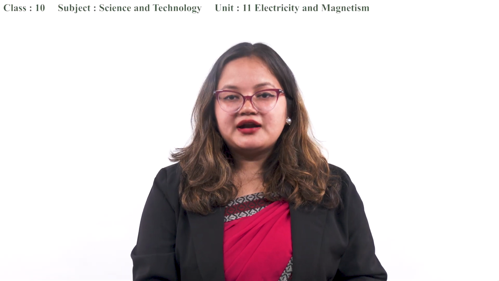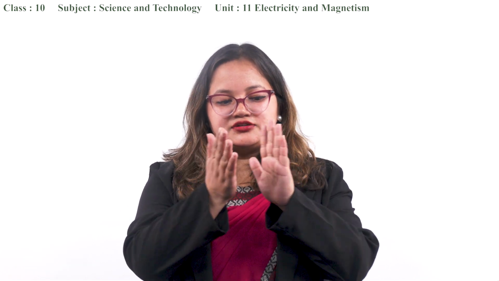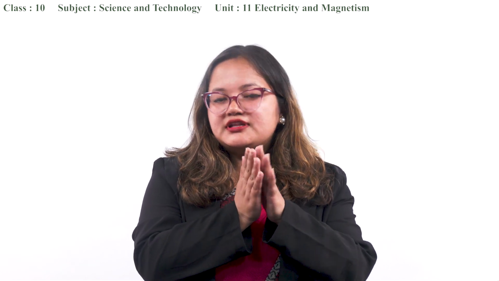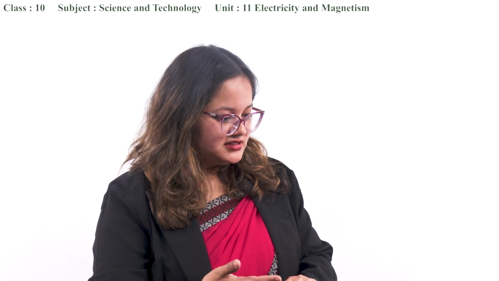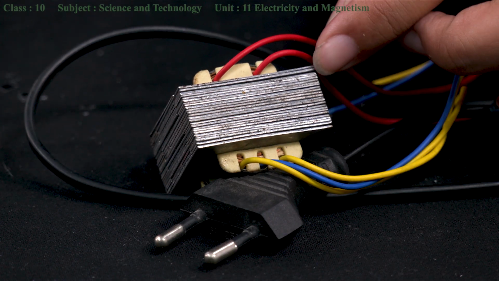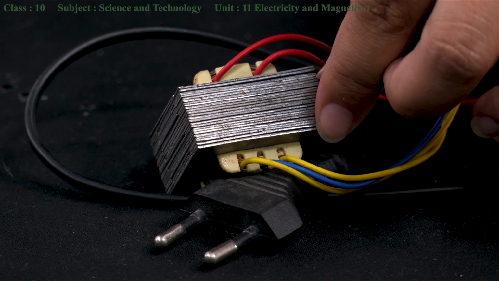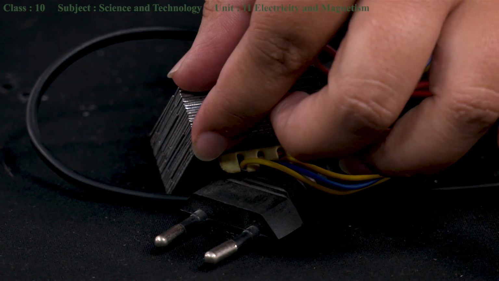Now, let me show you a very small part of the transformer. When we were talking about the construction, I told you that the iron core consists of plates of iron, laminated and stacked together. So the stacked iron cores look like this. Here you can see those single laminated plates of iron stacked in this way.